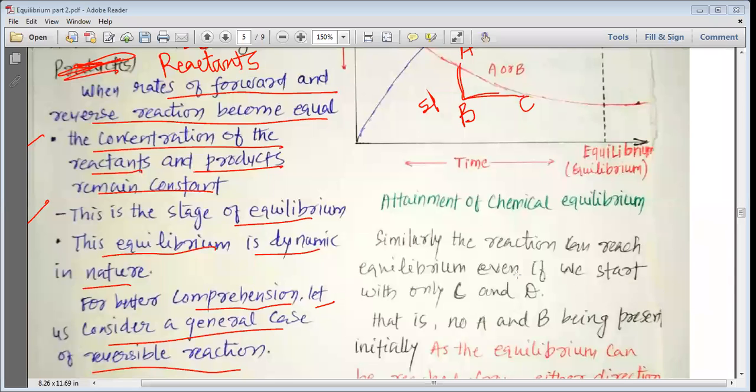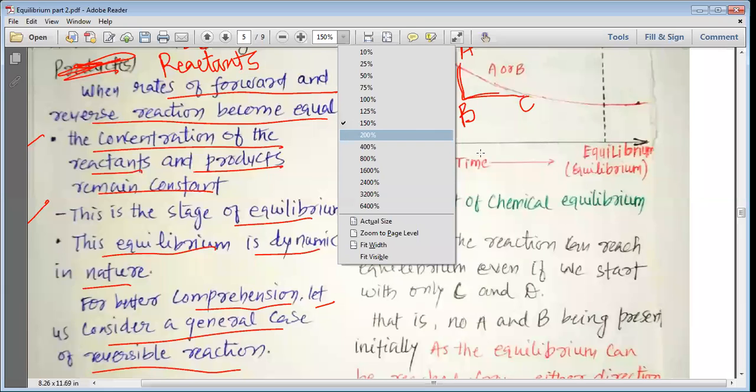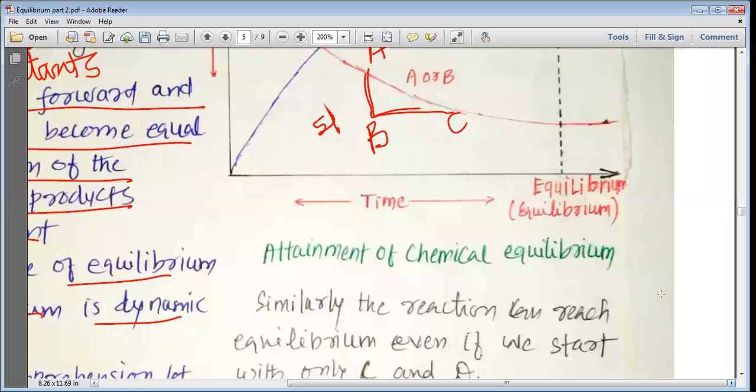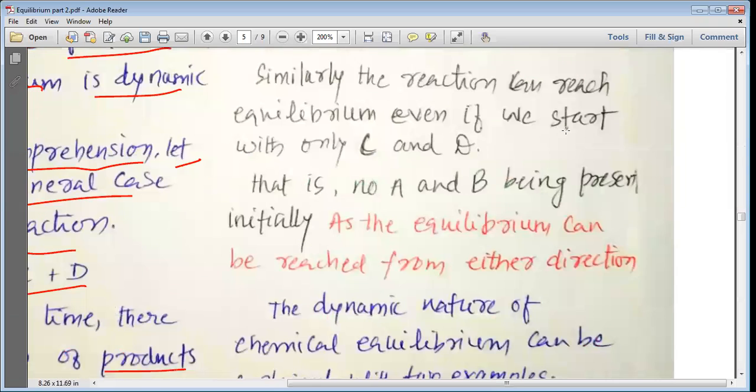Similarly, the reaction can reach equilibrium even if we start with C and D. That means if we start this way, C plus D, it gives the equilibrium A plus B. So even if we start with C and D, the same kind of equilibrium can be established between C and D and A and B, or reactants and products.